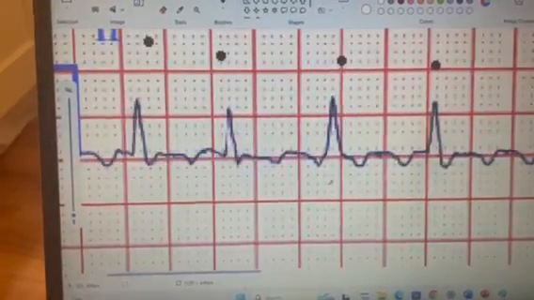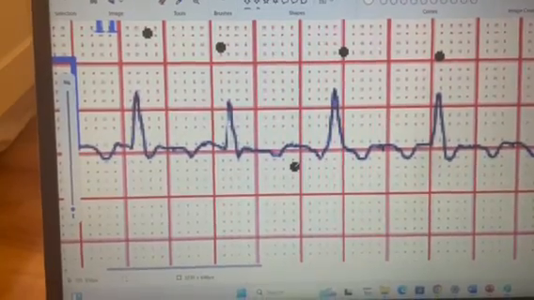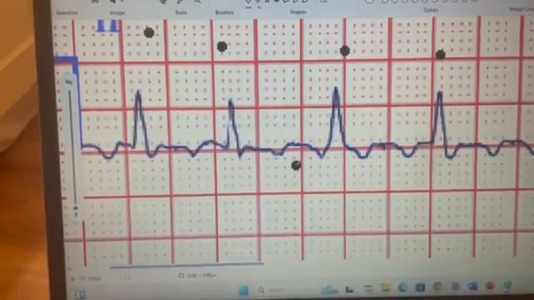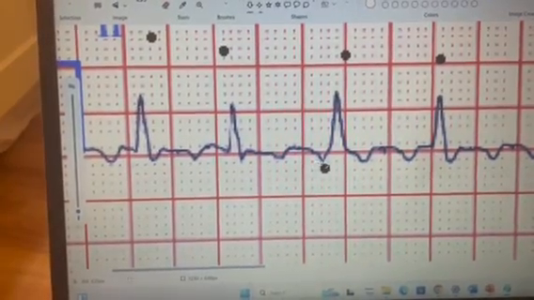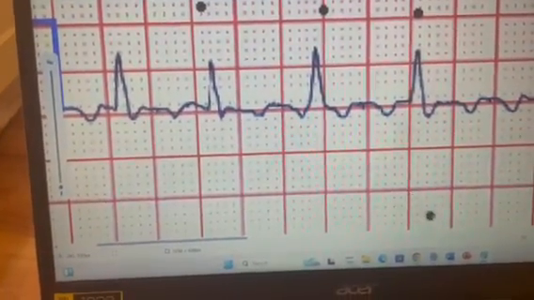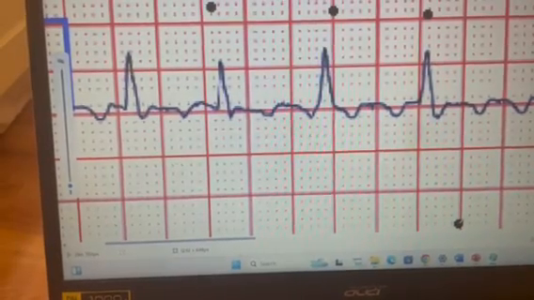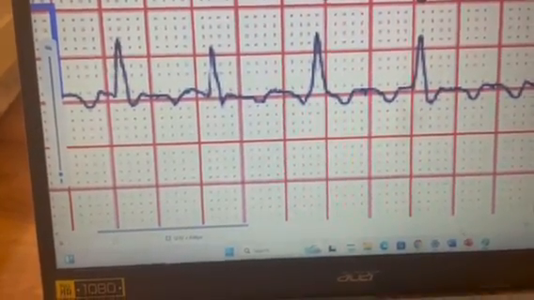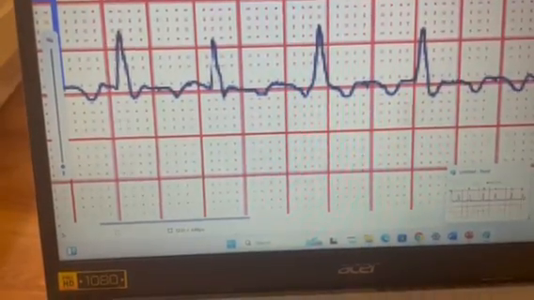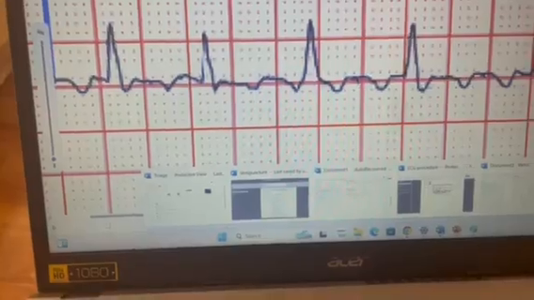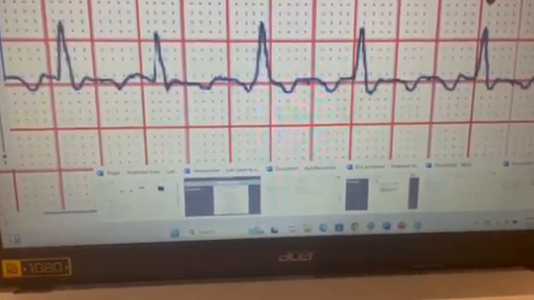I think this one is good. 1, 2, 3, 4, 5. I'd say about 5 dots. So 5 times 0.04 is about 0.20, or one big box.